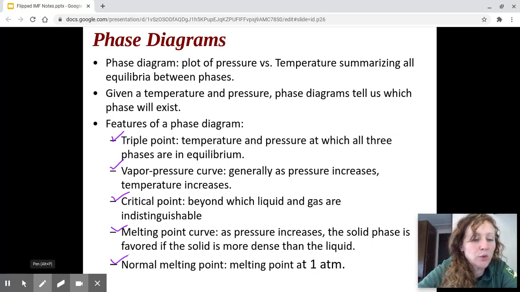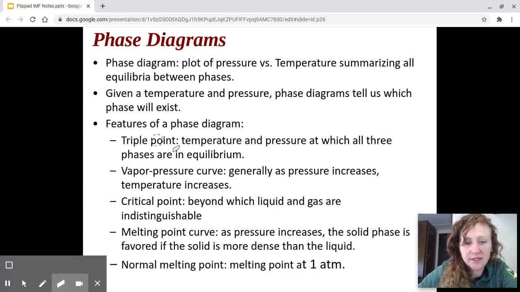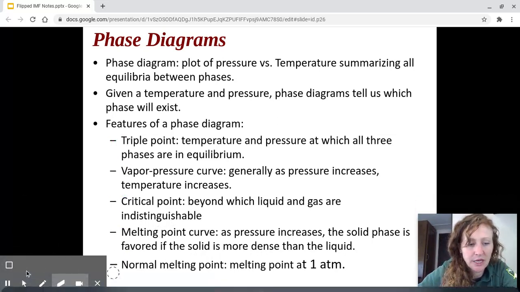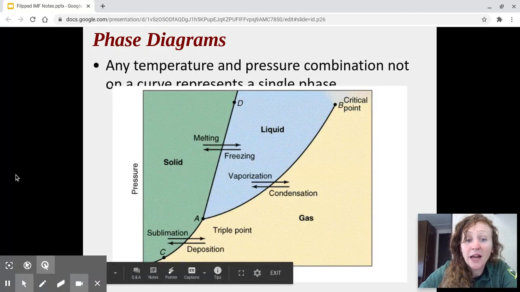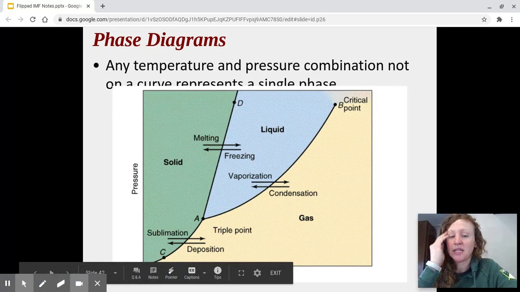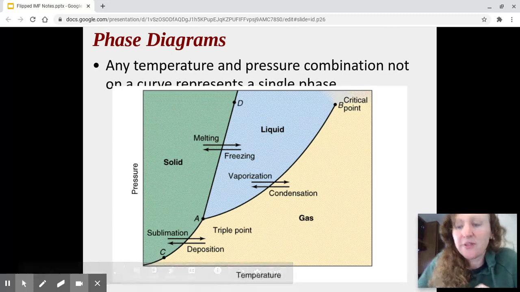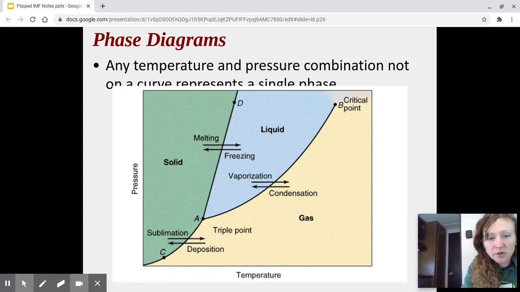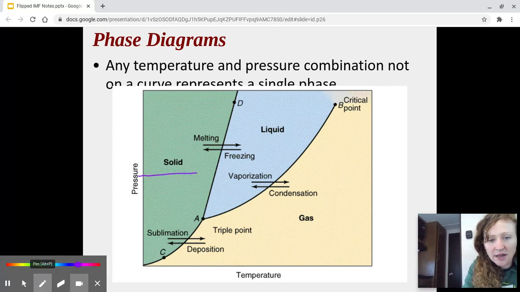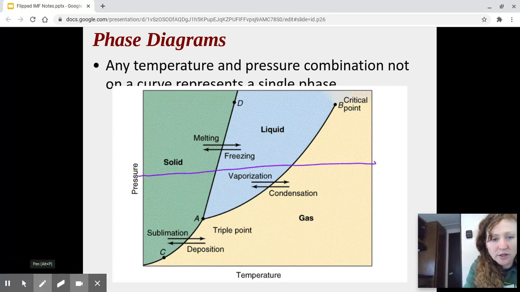If you are given a phase diagram, and you can find 1 atmosphere pressure. Notice on here we can't find 1 atmosphere pressure, but a lot of times what they'll do is they'll draw a line here straight across, and that will be your normal, also known as 1 atmosphere of pressure.